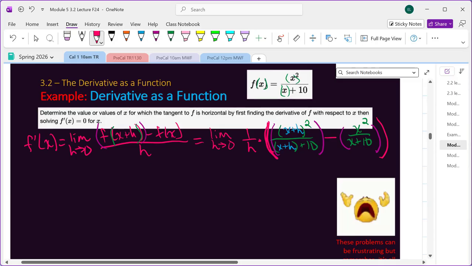So in order to get these together, we're supposed to get a common denominator between those two fractions. And the common denominator is those two denominators multiplied.